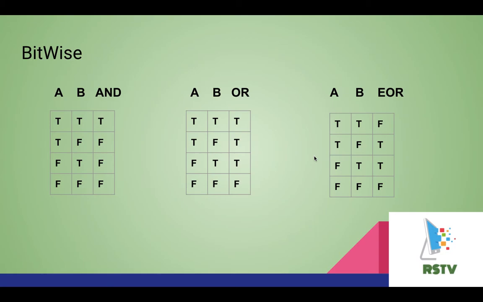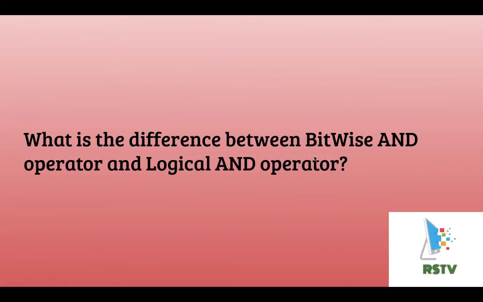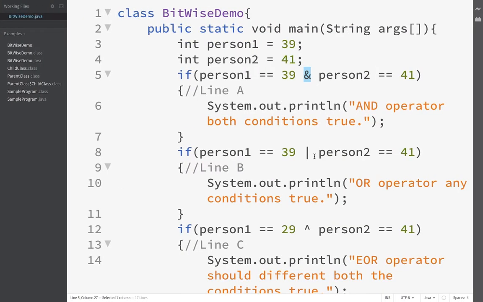What is the difference between the bitwise AND operator and the logical AND operator, and the same difference between the bitwise OR and logical OR operators? Let's go to this program.